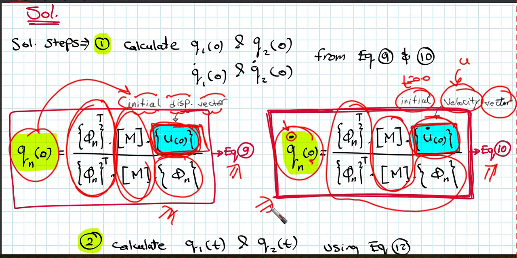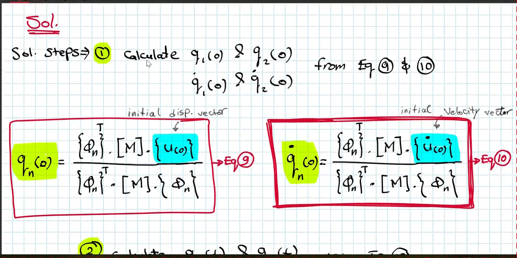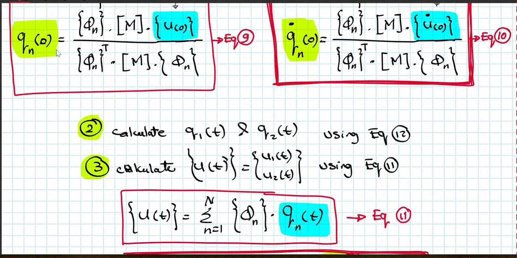Okay, now let's clean this and move on. So this is step number 1, the first step in the solution. After knowing qn node and qn node dot, we go into the next step, which is to calculate q1t and q2t.